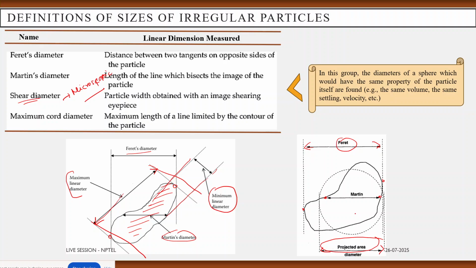So these are some ways of defining an irregular shape particle, because normally we cannot do diameter analysis for it. We need to make certain assumptions, using either the equivalent sphere method, the equivalent circle, or a statistical method.